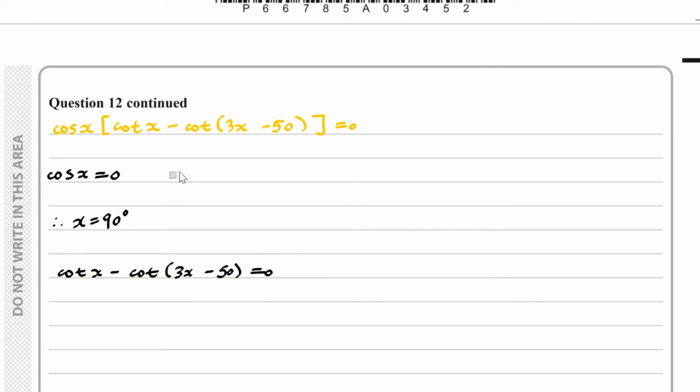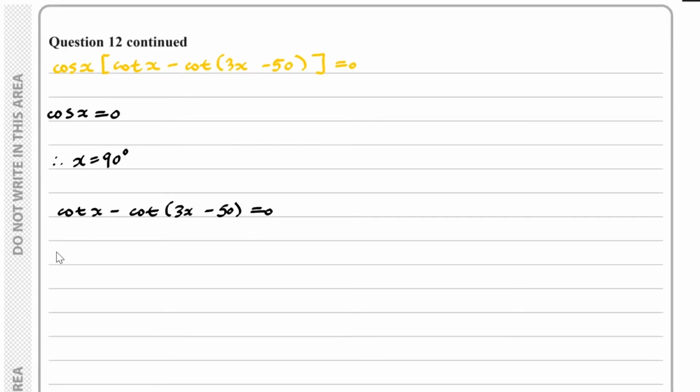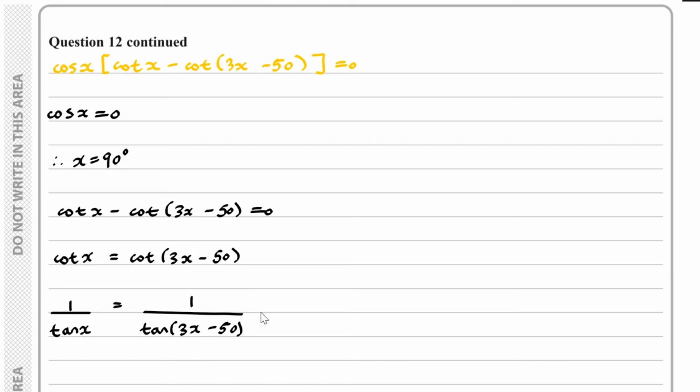Okay, so here we can hopefully see that cot x is equal to cot of 3x minus 50, and cot is the same as 1 over tan. So here we have 1 over tan x, and that's equal to 1 over tan of 3x minus 50.